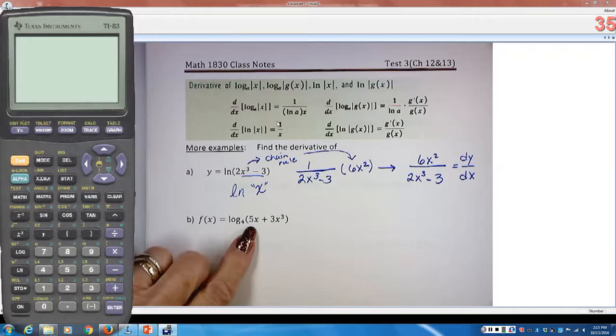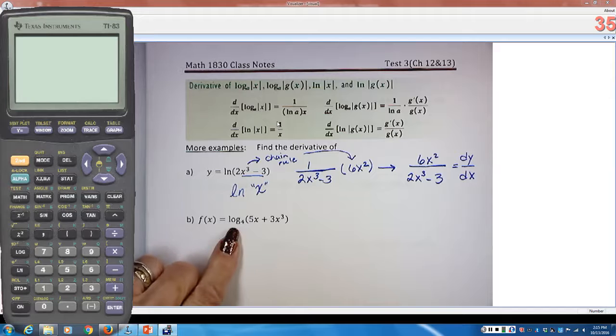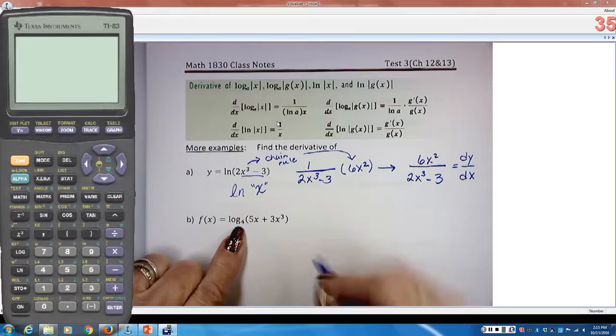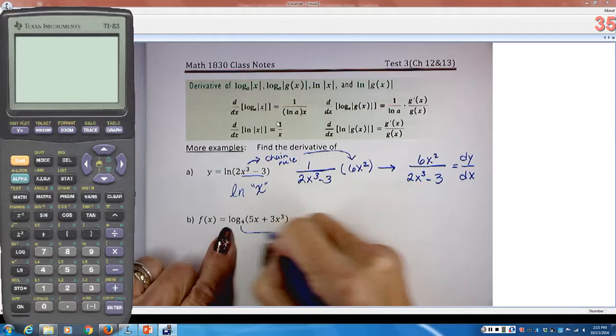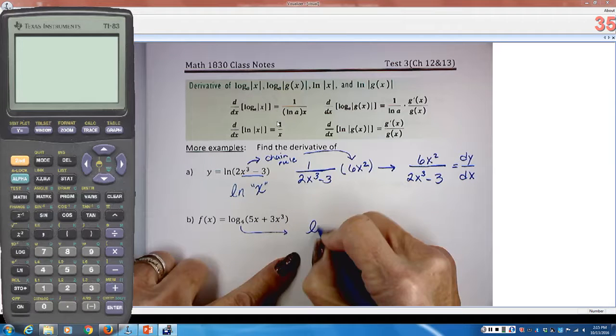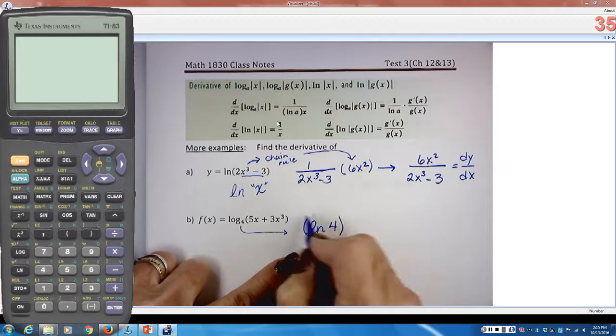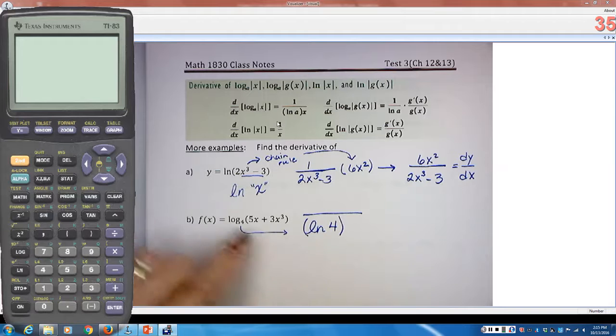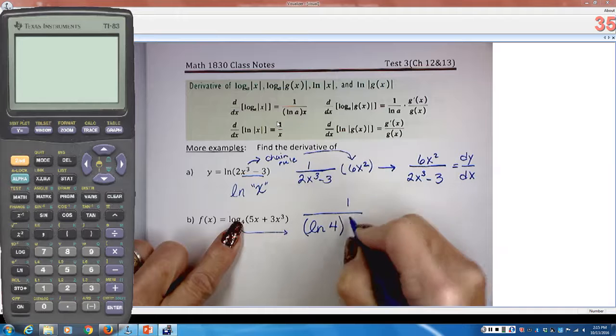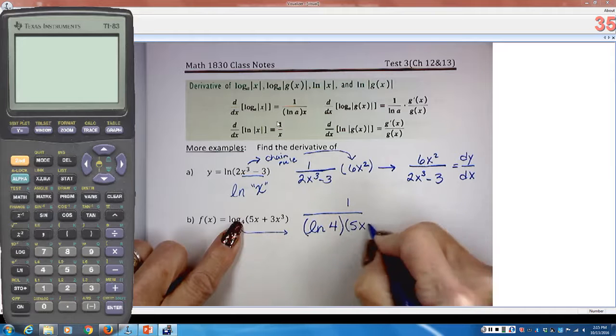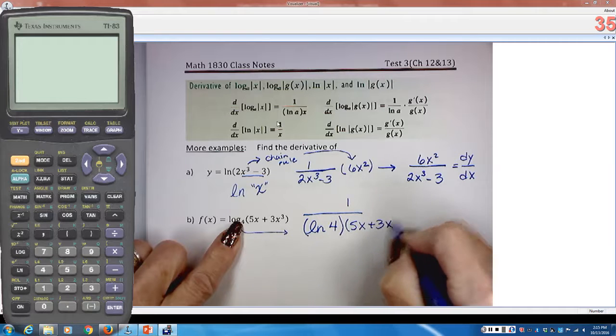And the only difference here is that the base is not e. So we have to actually include the natural log of 4. And it goes in the denominator with 1 over 5x plus 3x cubed.